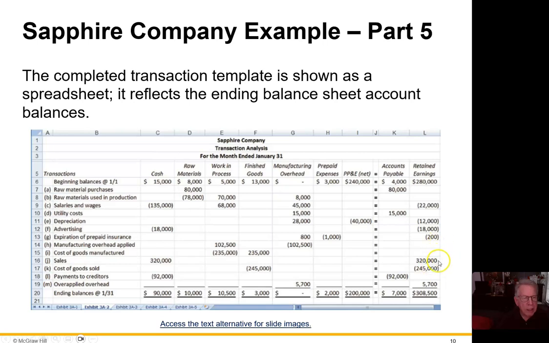And we added in our sales, $320,000. We also added in the over-applied overhead, which came over from the income statement to retained earnings, as did these expenses when we did our closing entries. Okay, that reflected the ending balance on our balance sheet. And of course, the assets equal liabilities plus stockholders' equity.